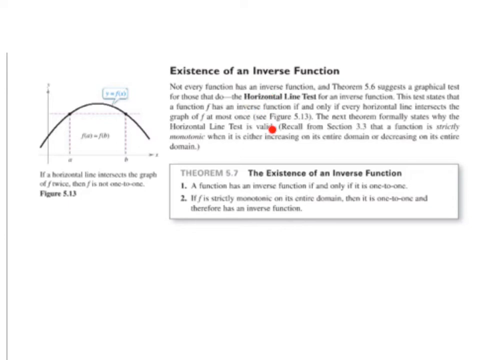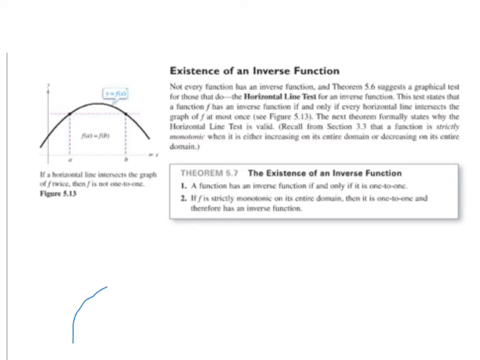And that's what it says, and this is from the book, so you can always go back to the book and look at that. Another thing that it talks about here is that a function is, you see this word, strictly monotonic, when it's either increasing on its entire domain or decreasing on its entire domain. When you look at this one, you can see it's increasing and then changing to decreasing. This one is not monotonic.